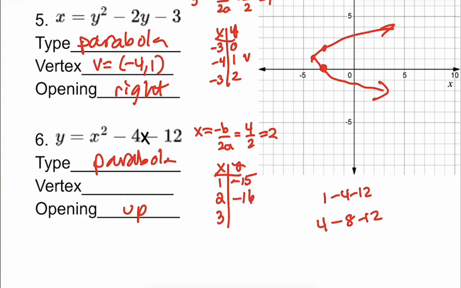Now, when I plug in 3, what should I get? -15, right? That's the way that we check if it's right. If I plug in 3, I get 9 minus 12 minus 12. That's 9 minus 24, or -15. So great. That's a good way to check your work. So then fill in the vertex over here. That's that middle value of 2, -16.